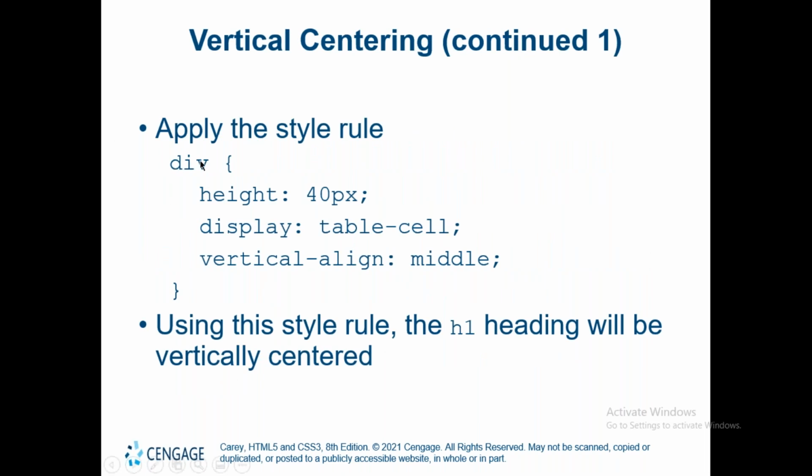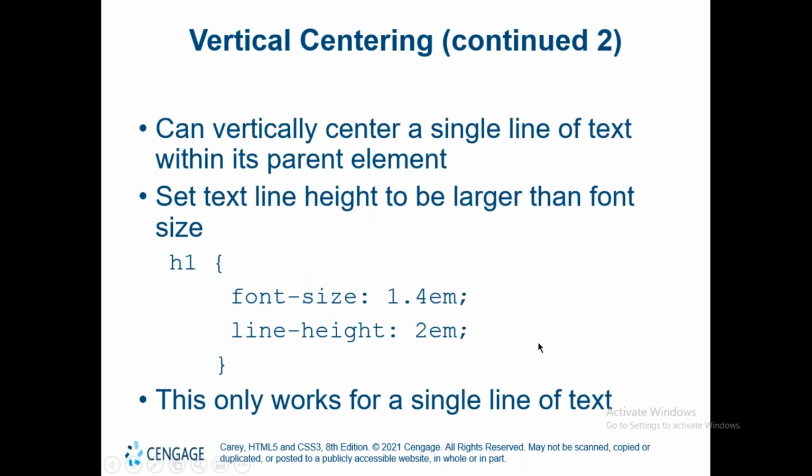So here's the div element. Here's our height. Our display is a table cell, and then our vertical align is in the middle. So using this style rule, the H1 heading is going to be vertically centered. You can vertically center a single line of text within its parent element this way, or you can set the text line height to be larger than font size.